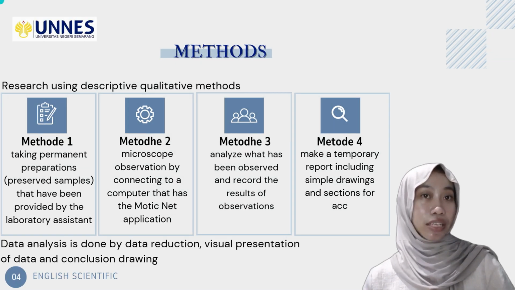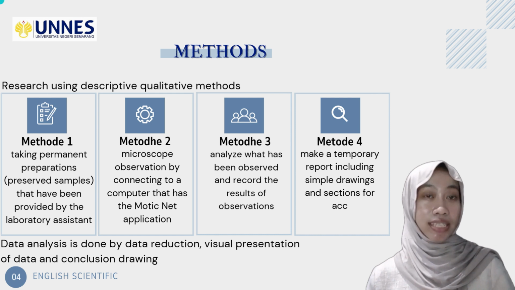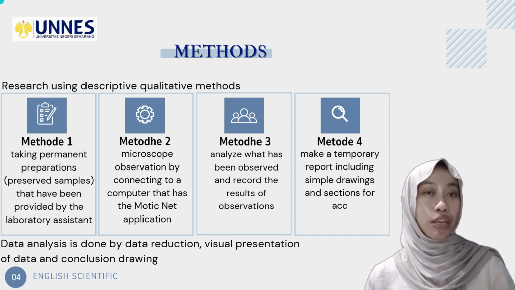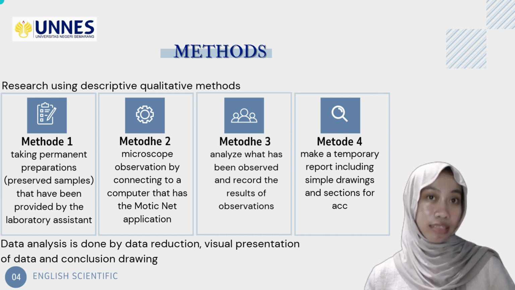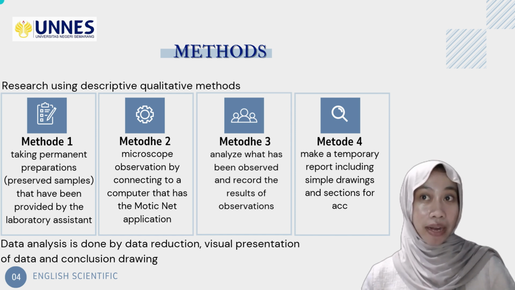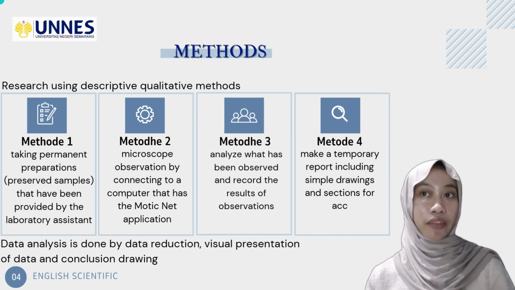In this animal tissue structure practicum, we, students of biology education and biology study programs, use research with descriptive qualitative methods. First method is taking permanent preparations or preserved samples that have been provided by the laboratory assistant.